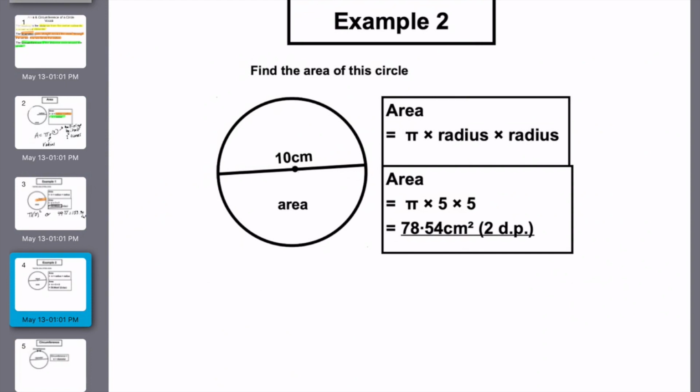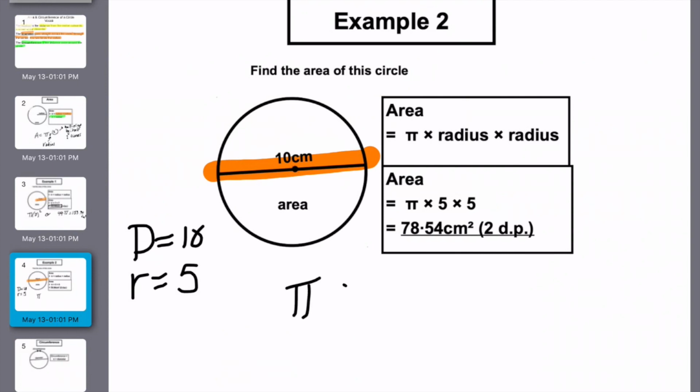In this situation, I'm given a diameter because it's from one end of the circle to the other through the center, and they're telling me that the diameter, or d, is 10, which means that my radius, or r, which is half of my diameter, has to be 5. So this is pi times 5 squared, or 25 pi.